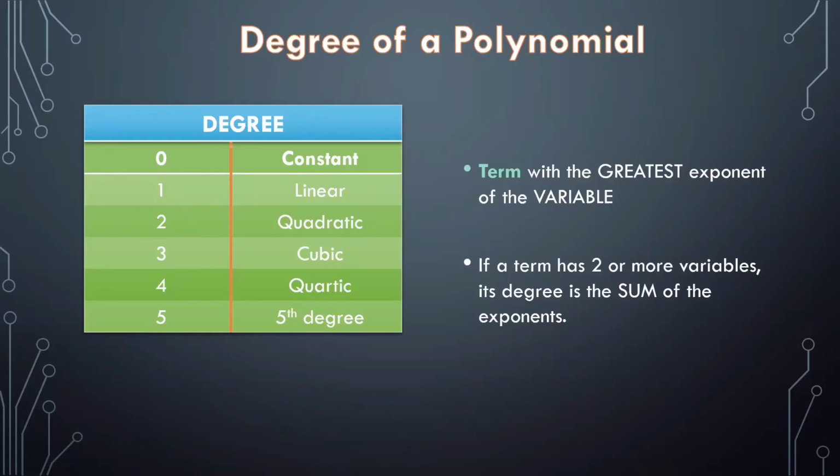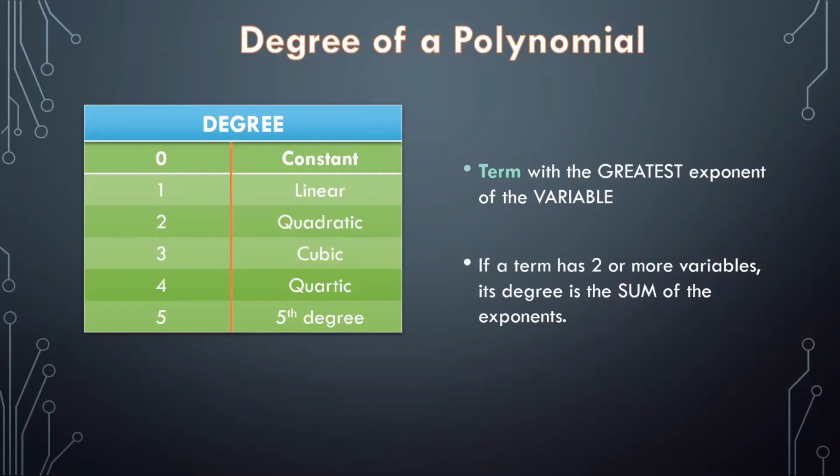It's when you find the term that has the greatest exponent of the variable. When we're talking about a degree, we have to go through and look at the exponents, and it's the exponent of the variable. That's why a constant is 0, because it's just a number, there is no variable.